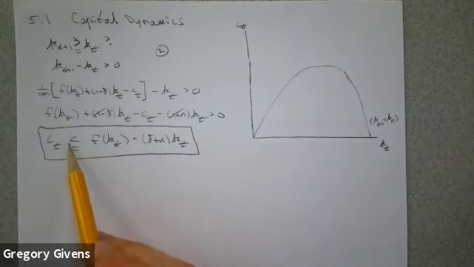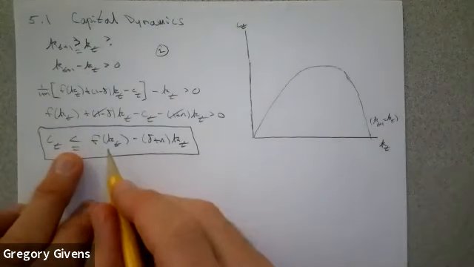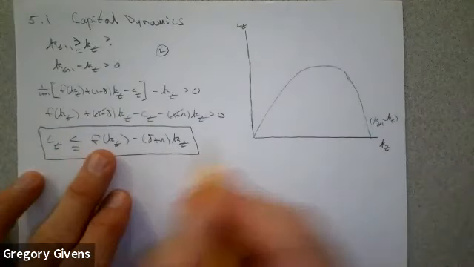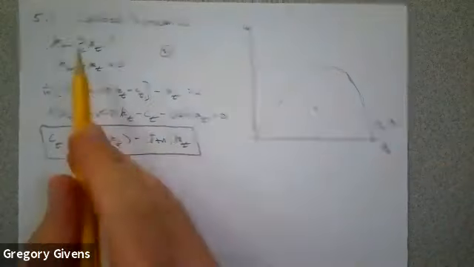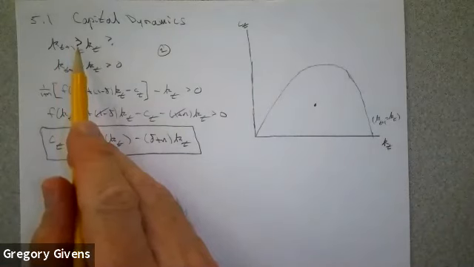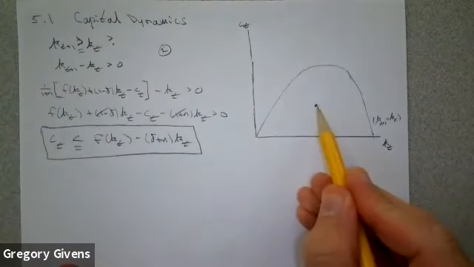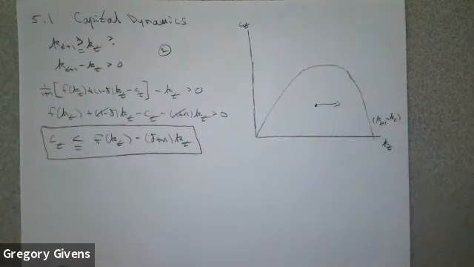Now, if C_t happens to be less than the right-hand side, in other words, we're at a point somewhere inside or underneath the locus, then what is happening to the capital stock over time? It's getting bigger. K_{t+1} is bigger than K_t, so the capital stock is moving to the right.